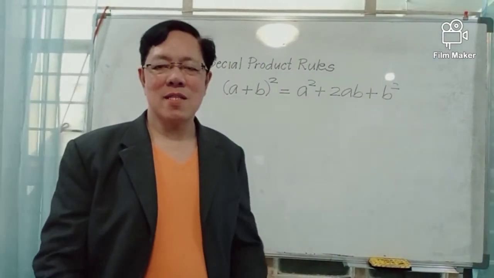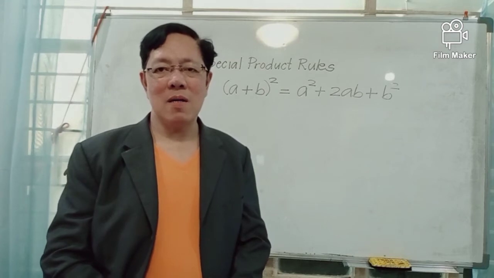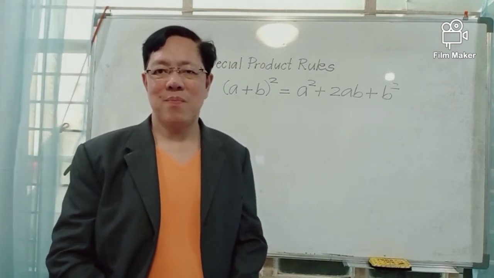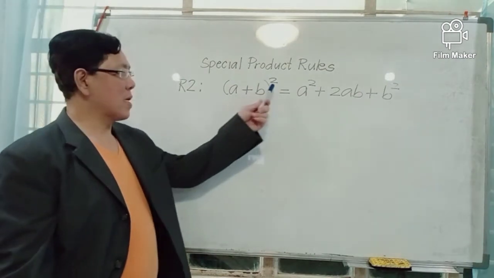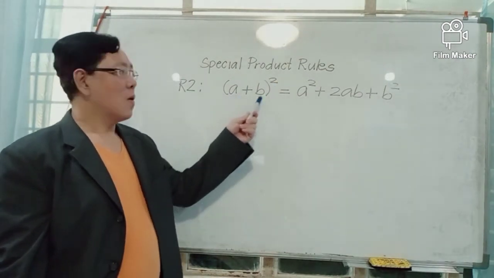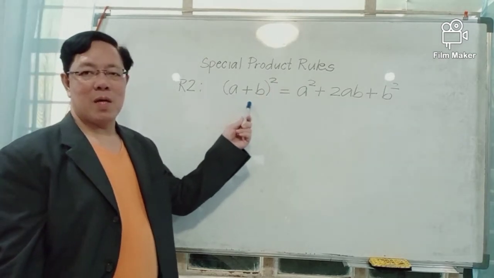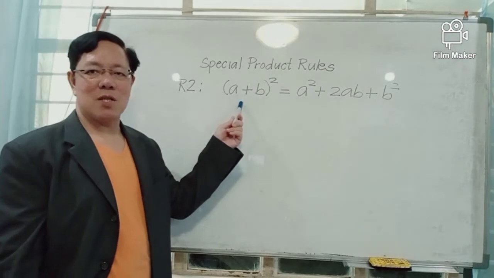We now take the second special product rule, known as the square of a sum. Rule number 2, we are given the square of a sum of two terms, or the square of a binomial, in which the operation between the two terms is addition.